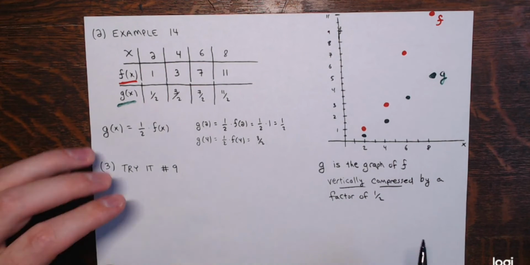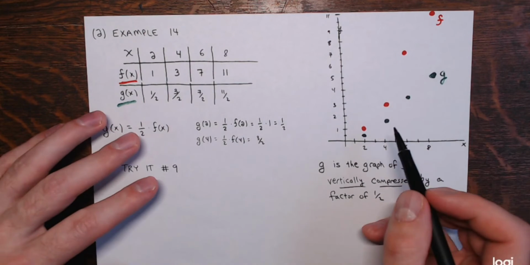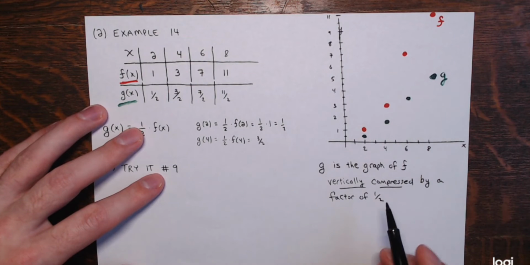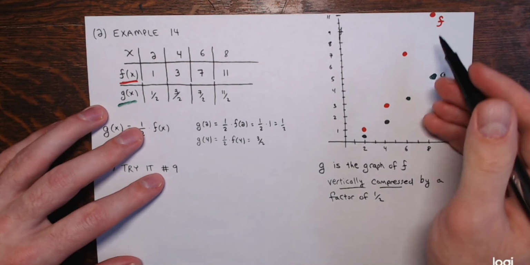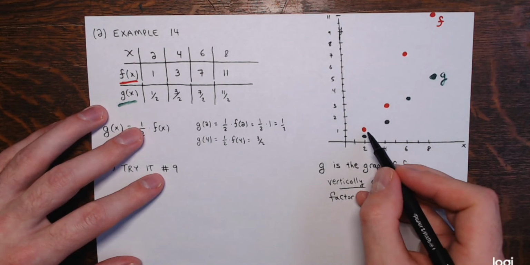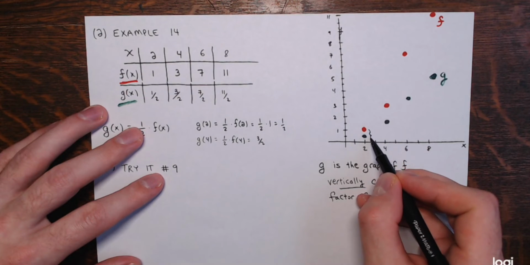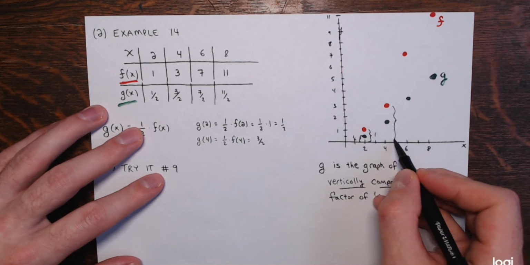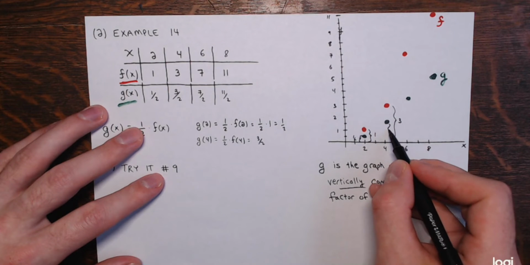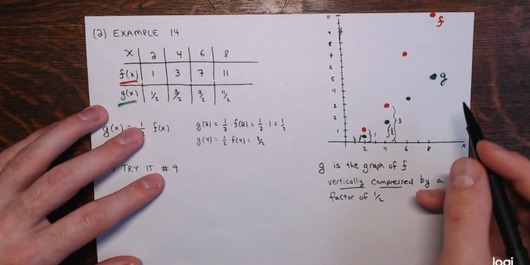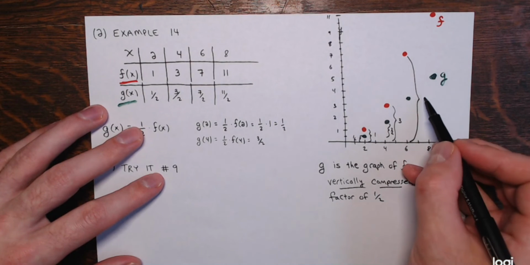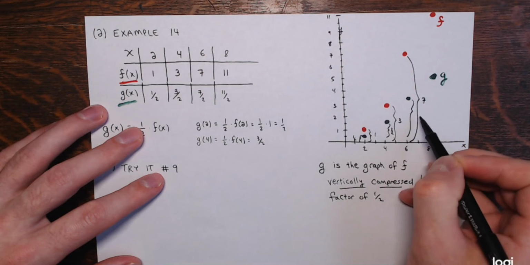And what that means is that if you look at f, all the points of f get pushed closer to the horizontal axis, the x-axis. So this distance was 1 unit, and then it got cut to a half. This distance was 3 units, and it got cut to 3 halves. This distance is 7 units, which got cut to 7 halves.